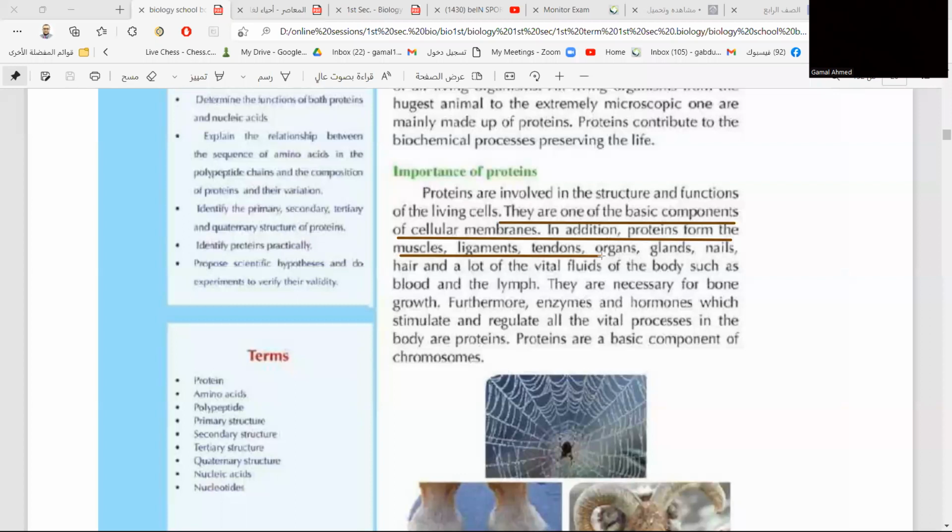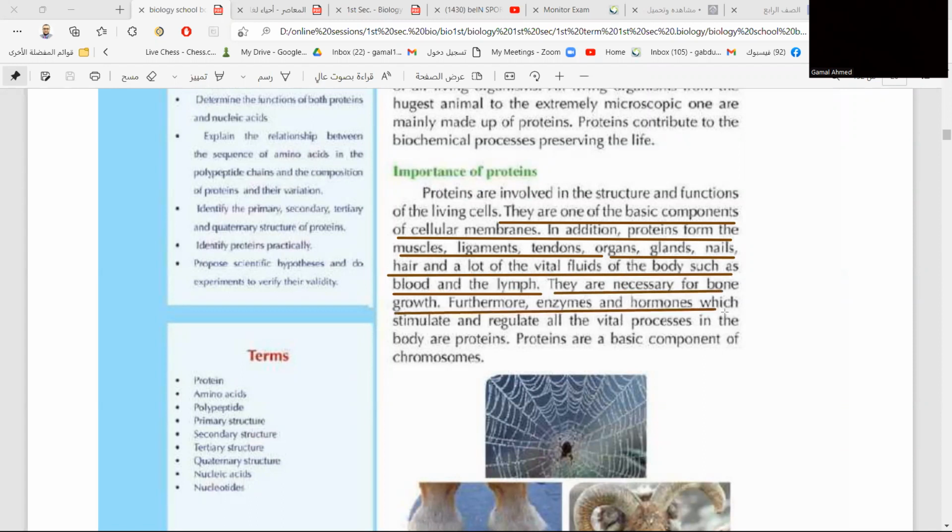Ligaments, which are الأربطة, and tendons, الأوتار, in your joints. The glands, الغدد, the nails, and the hair. A lot of vital fluids of the body are made of protein also, like blood and lymph. So they are necessary for bone growth.